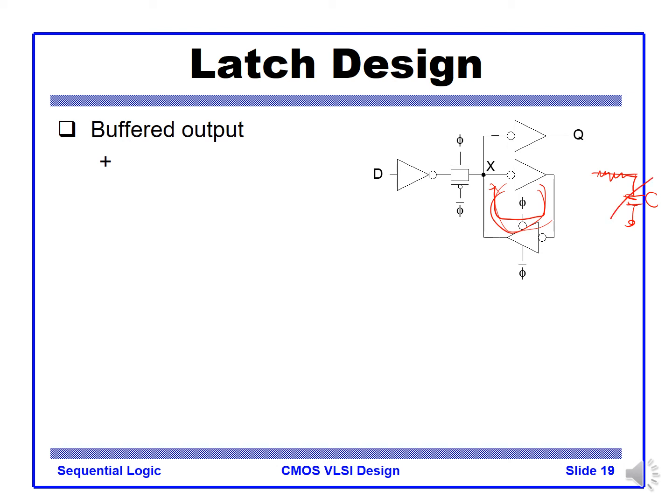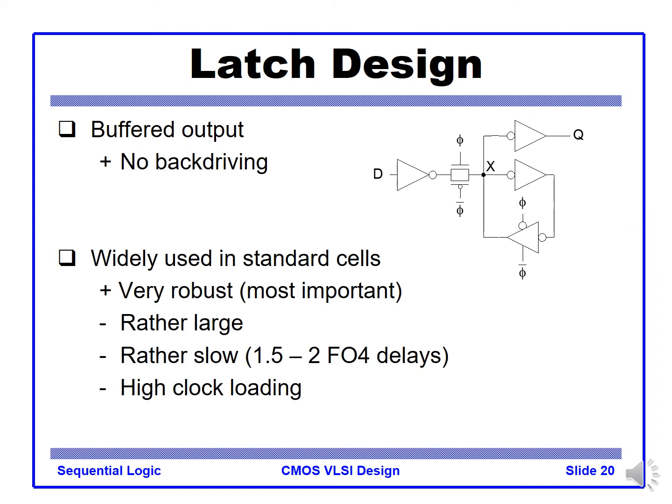To reduce this effect, we add an additional buffer there, like this. Then no matter what the load is, the latching core timing or behavior will not be affected by that load. So buffer the output there, so no back-driving issue. This kind of structure is widely used and very robust.